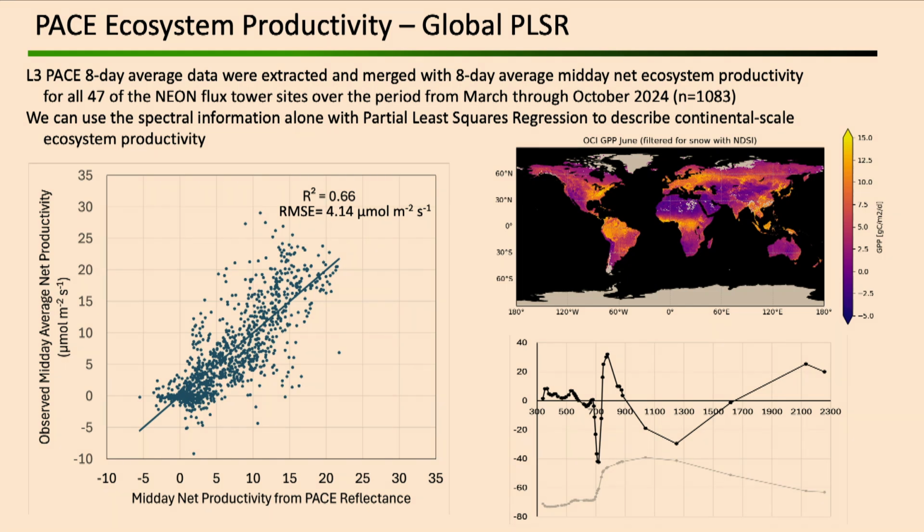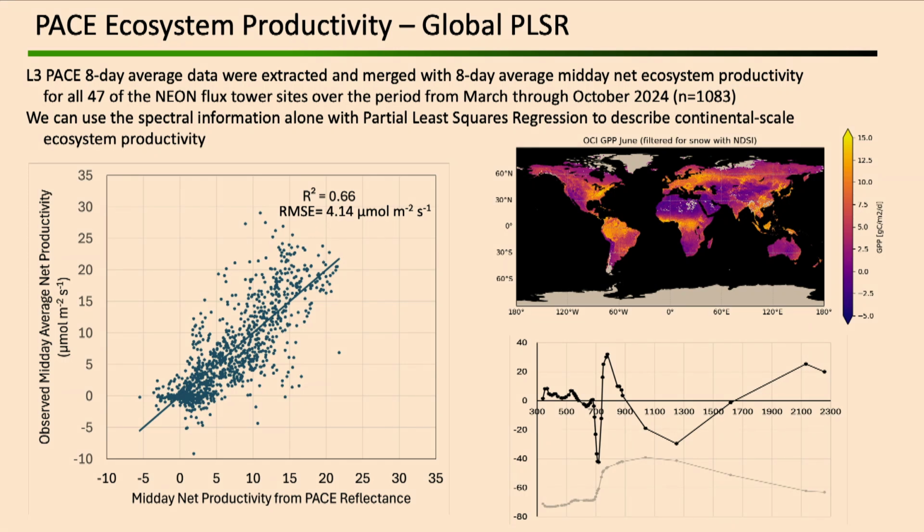And so I ran a partial least squares regression. And here we are with ecosystems from tropical forests to Arctic tundra. And we can describe 65% of the variance with that alone.